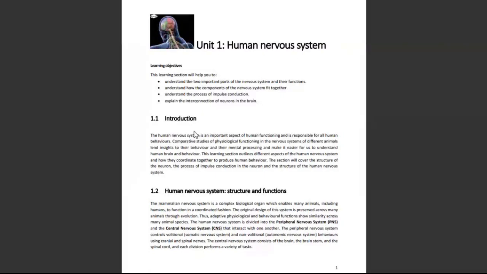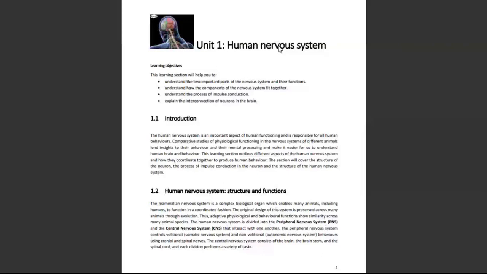You need the human nervous system in order to relate. Whether you're disabled, the human nervous system functions. Once your human nervous system dies, you can't live. The human nervous system is an important aspect of human functions and is responsible for all forms of human behavior.